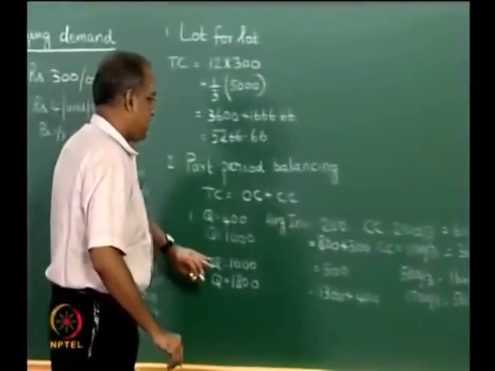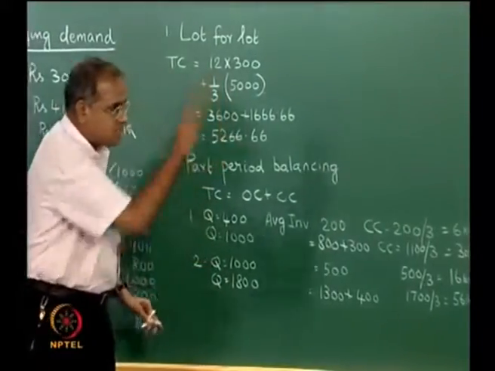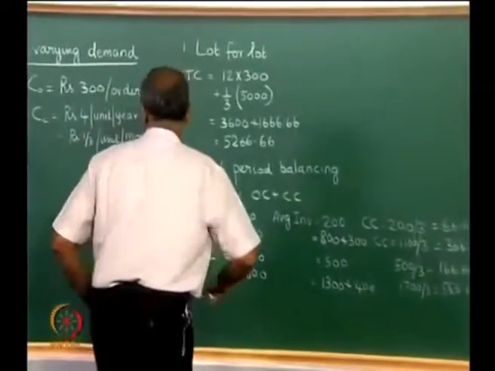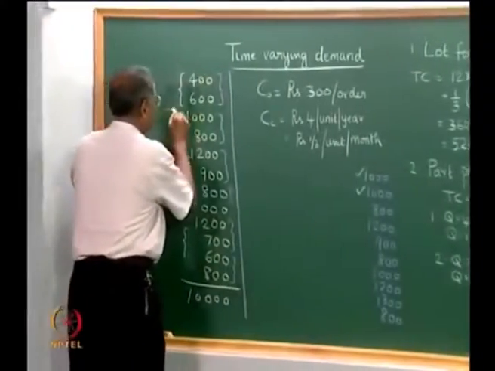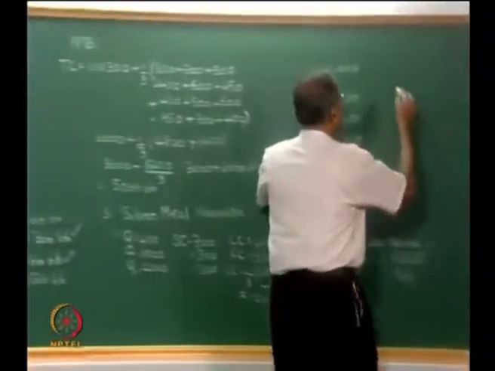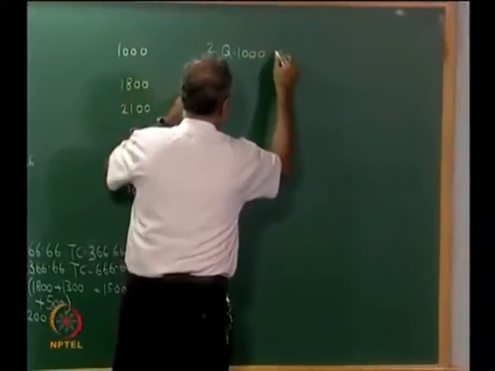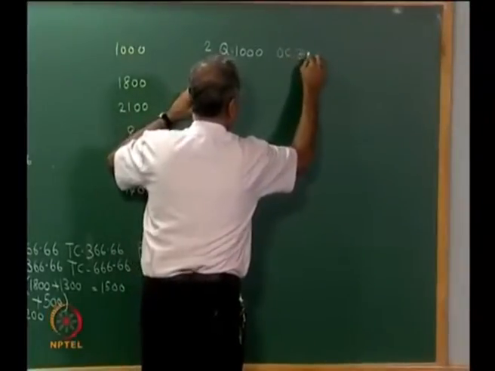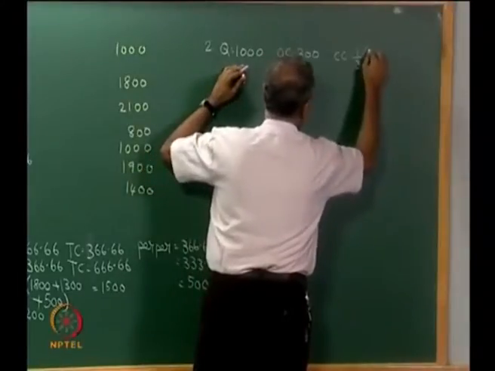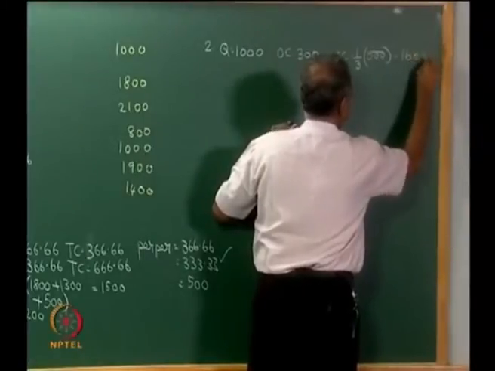We have the part period balancing calculation which said that go for 1000 here. So, let us just do the silver meal calculation to show that it is actually moving to one more. So, let us just start from here and then look at this. We now look at the case 2 when q equal to 1000, order cost is 300, carrying cost is 1 by 3 into 500 which is 166.66.